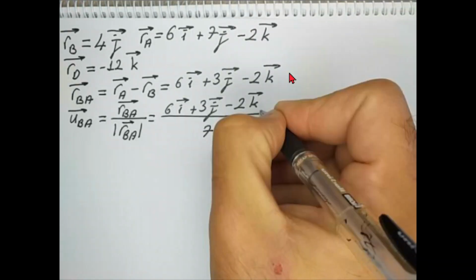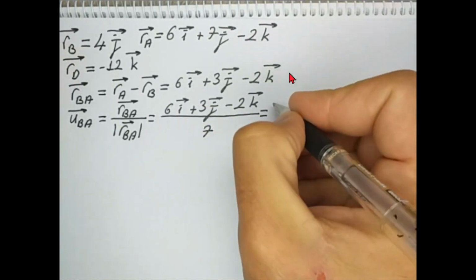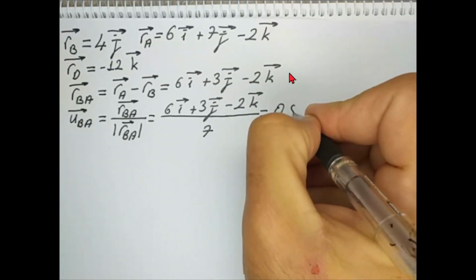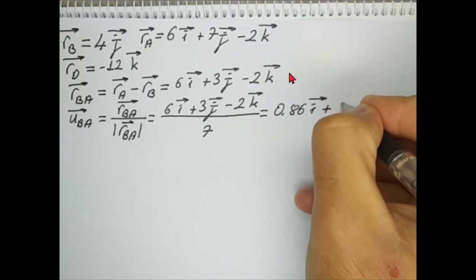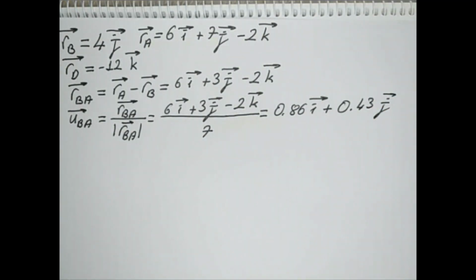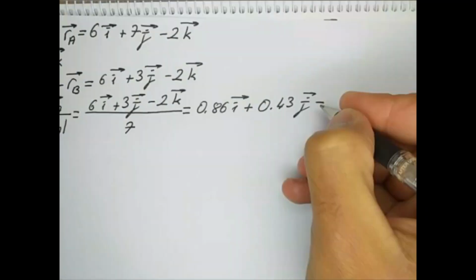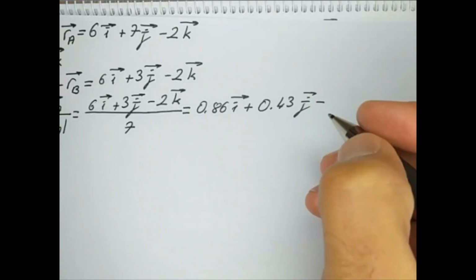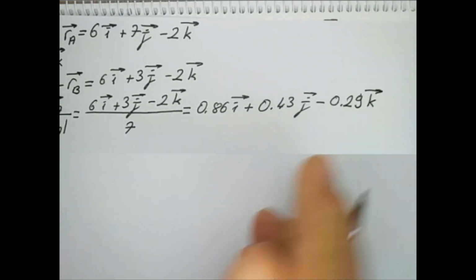So the unit vector is 0.86i vector plus 0.43j vector minus 0.29k vector. Okay.